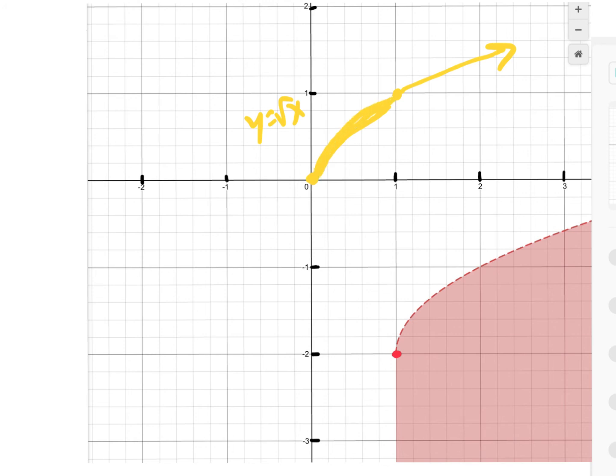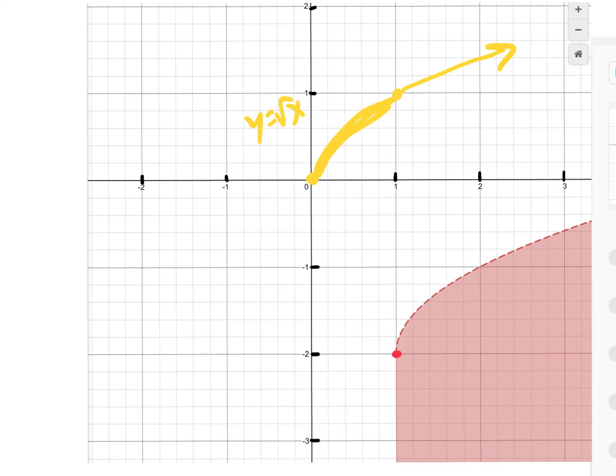But anyway, as you can see, it's the same curve. So it didn't reflect over the x-axis. It didn't get vertically stretched or compressed, right? From here to here, it's 1 up, 1 over. From here to here, it's 1 up, 1 over. So the a value must be 1.